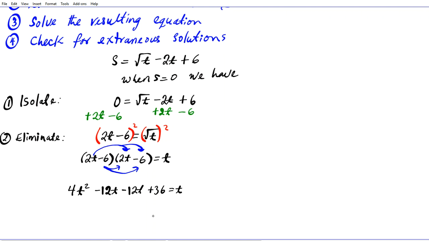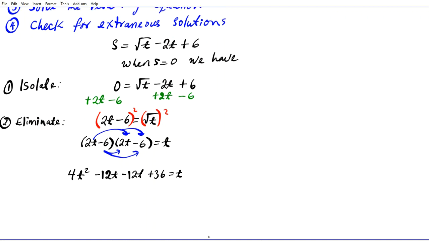Now we have a quadratic equation. Let's put it in standard form, and we can also combine like terms. If we combine like terms here, we have 4t squared, and combining these two, minus 24t. Their signs are the same, so you add and keep the sign. Plus 36 equals t.